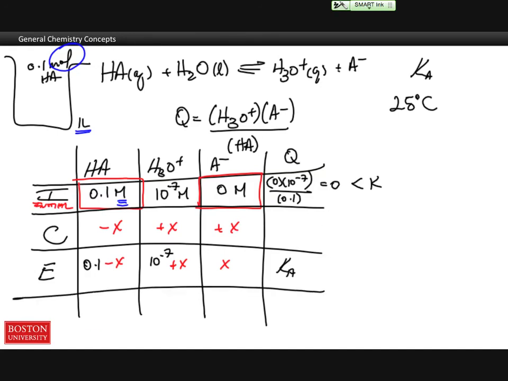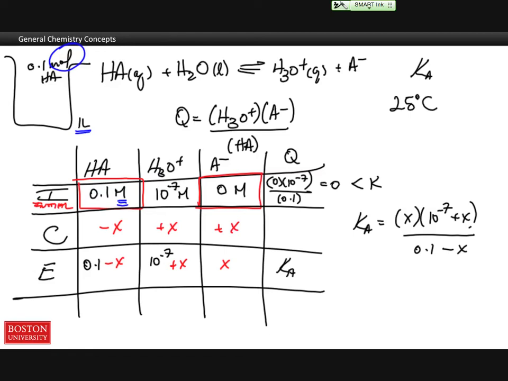At this point, we can plug all of this into the expression for Q, and we get that Ka is equal to X times 10 to the minus 7 plus X over 0.1 minus X. Now this looks a little gnarly, especially since we seem to have two variables left.